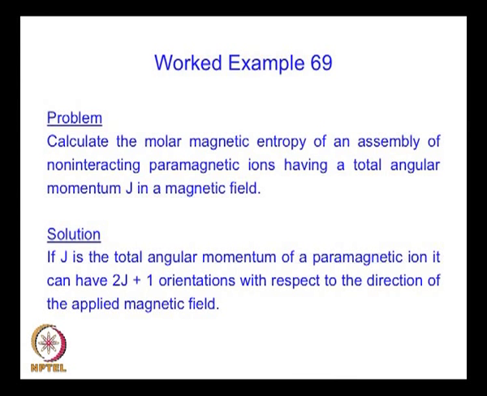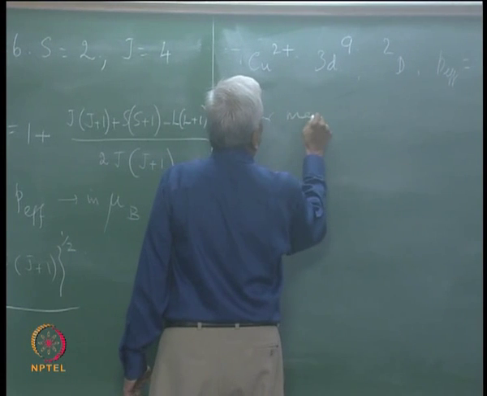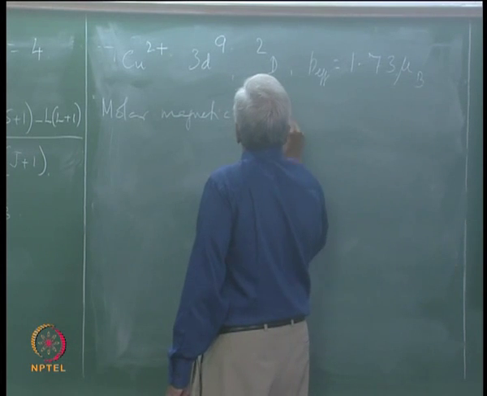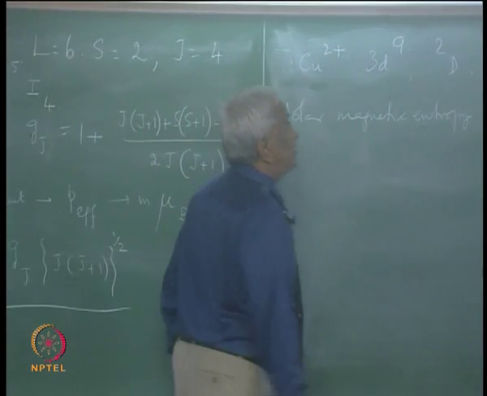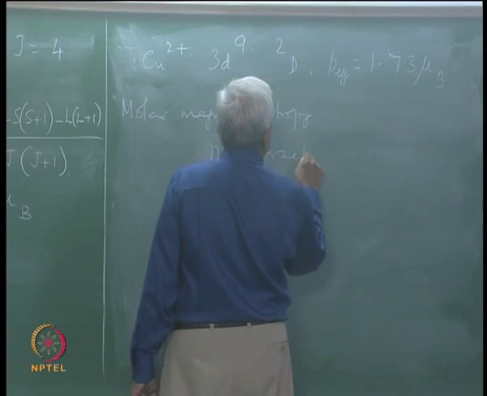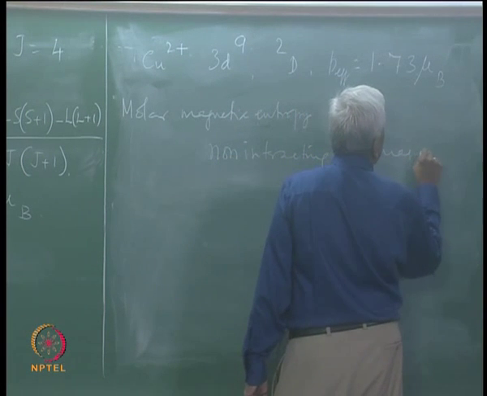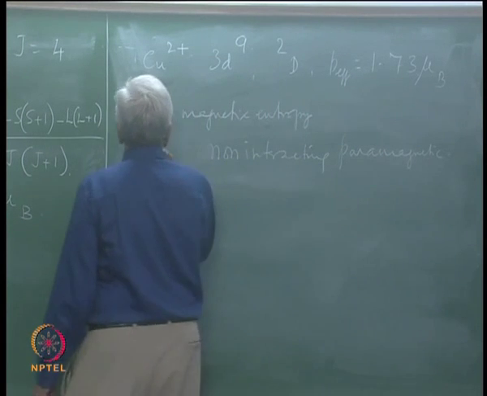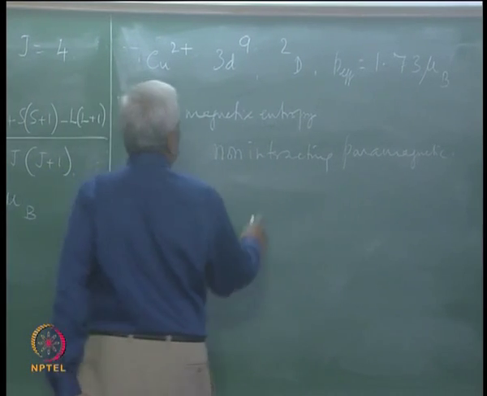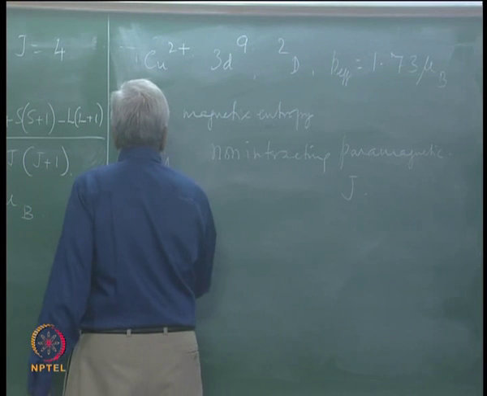Next, we are asked to calculate the molar magnetic entropy of an assembly of non-interacting paramagnetic ions. Molar means the number of spins is the Avogadro number. Each of these has a total angular momentum of J and a magnetic field is applied.